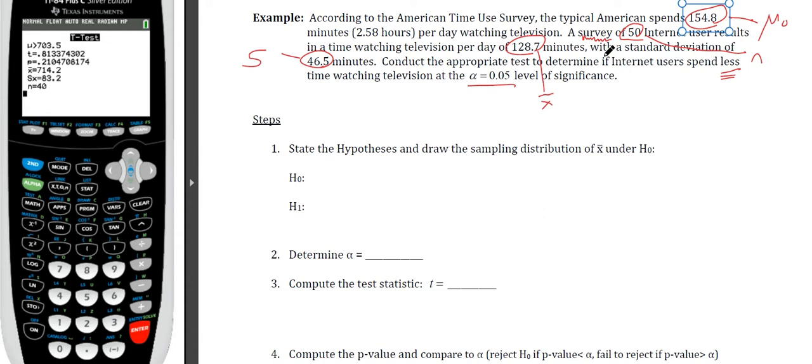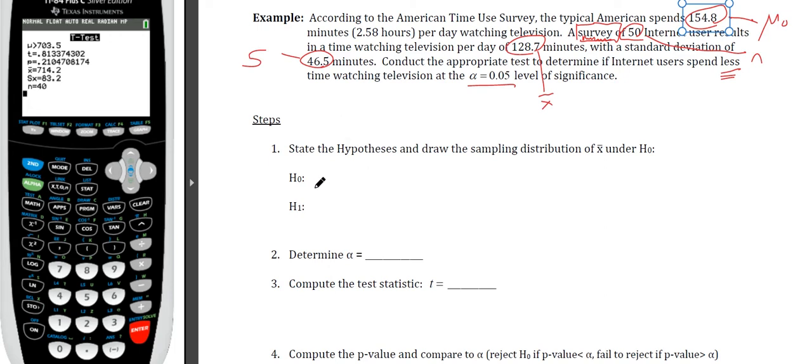For the other two conditions, looking at n is 50 internet users. That's more than 30, so we have hit the central limit theorem. That's good. And also 50 internet users is far less than 5% of all internet users, even those that also watch television. So this is definitely okay. We hit all three conditions. Again, as long as that survey was conducted randomly. But that's up to the researchers.